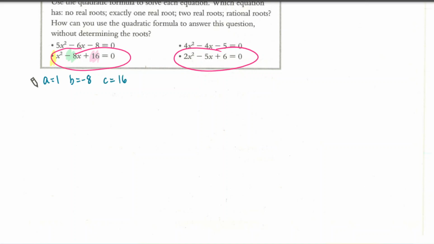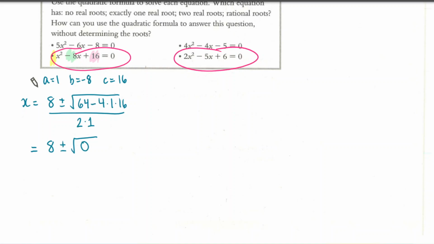So if I go ahead and use the quadratic formula, we have x equals negative b, so 8, plus or minus square root of b squared, which is 64, minus 4 times a times c, all over 2a. Okay, and then let's just evaluate what we have under the square root there. We have 64 minus 4 times 1 times 16. So actually that evaluates to 0.